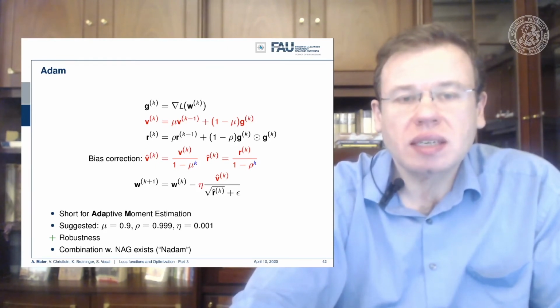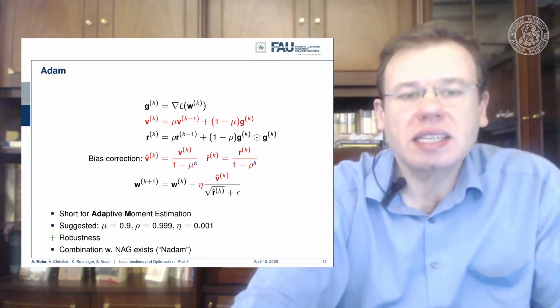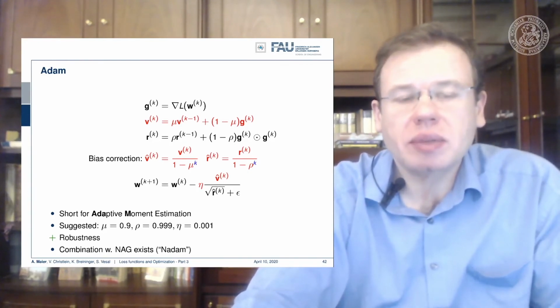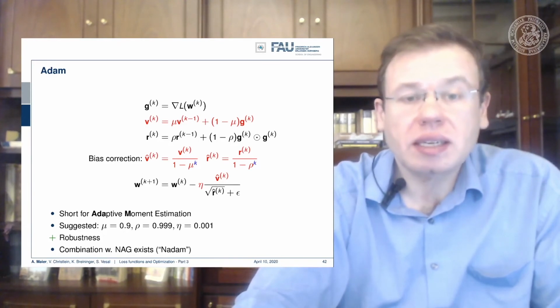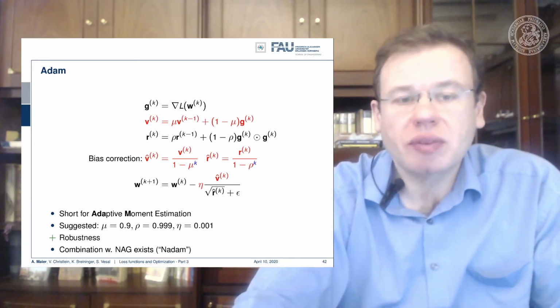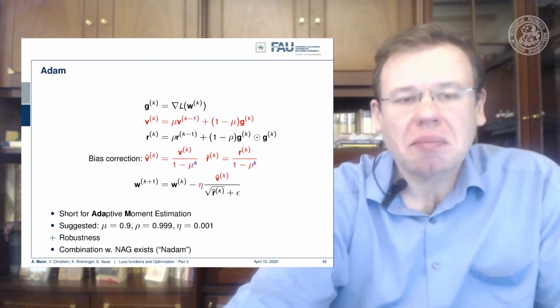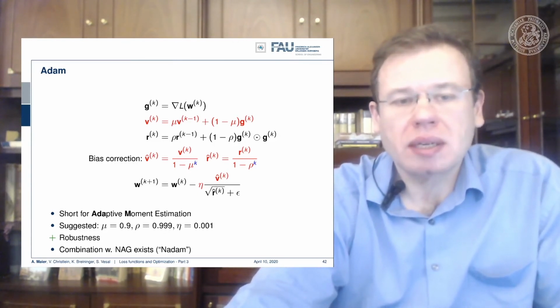And then it introduces an additional bias correction where the v_k is scaled by 1 over 1 minus mu^k, and r is also scaled by 1 over 1 minus rho^k. This then leads to the final update term that involves the learning rate eta, our momentum term, and the respective scaling. And this is then called adaptive moment estimation, Adam. Now suggested values are mu 0.9, rho 0.999, eta 0.001. Very robust method, very commonly used.